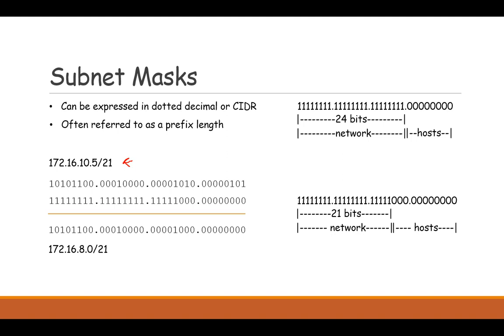Well, you can do this one of two ways, really. The easiest, in my opinion, is to write it out in binary, which I've done right here. On top, we have the address, and below is the mask, which is 21 ones in a row. And here, you do a logical AND operation between them.